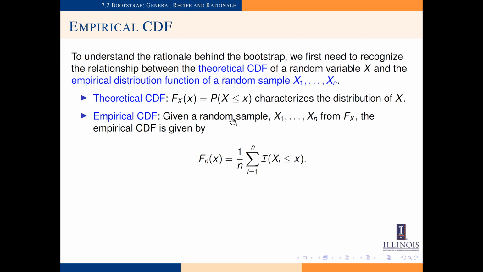On the other hand, the empirical distribution function, empirical CDF, is defined as follows. Given a random sample X1, X2, all the way up to Xn from F_X, the empirical CDF is given by Fn of small x, which is equal to the sample mean of the indicator function that Xi is less than or equal to small x across a total of n random samples.